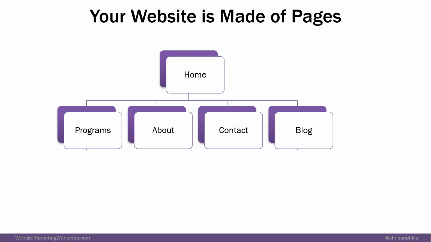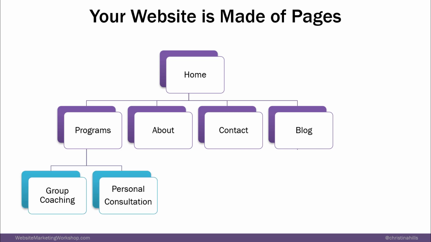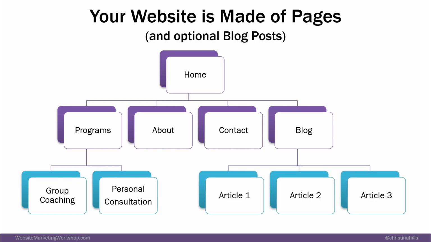So your website is made up of pages, right? You often have a home page, maybe a program or services page, about page, contact page, and a blog. Under your programs, maybe you do group coaching or personal consulting. You might have various different types of programs or services that you offer. And then on your blog, you will have different articles, right?